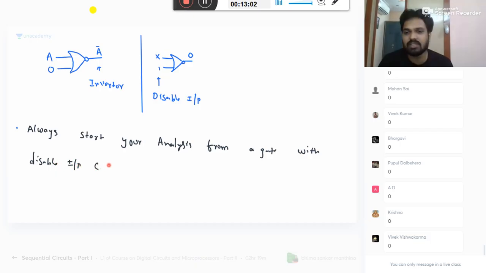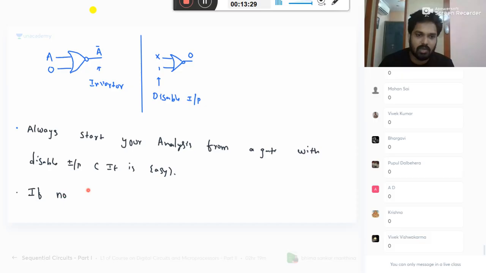It is easy, that is the reason. Because what is the disable input for a NOR gate? 1. If a NOR gate has any one of the inputs as 1, no need to analyze the second input. That will make your analysis very easy. No confusion will come. So always start your analysis from a gate with disable input.